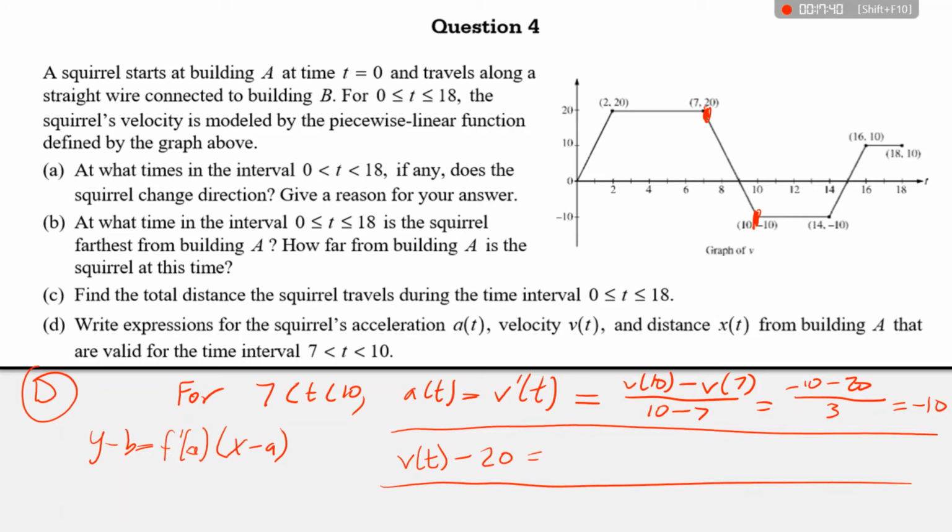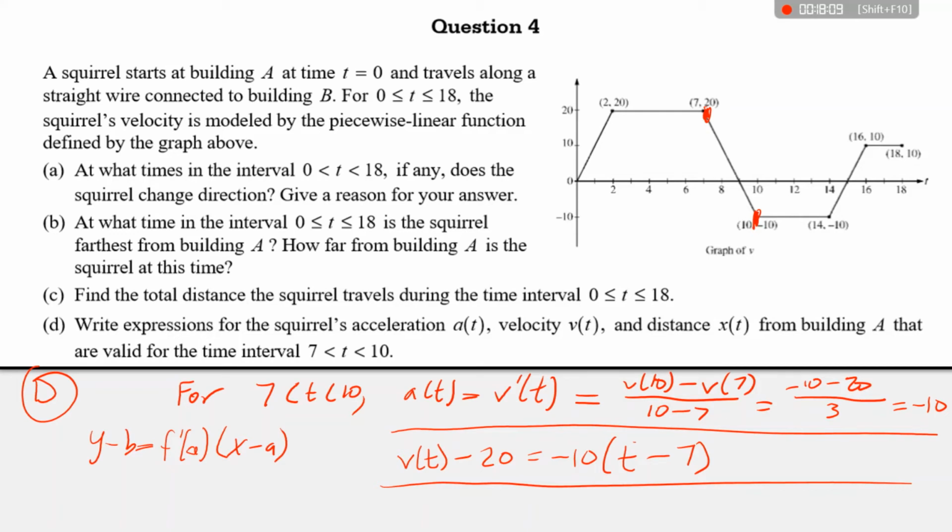Acceleration at t equals 7. Acceleration from t equals 7 to t equals 10, so for the whole interval. What's the acceleration? Minus 10. Minus 10 times your x value, x minus 7. Okay, and x is t, so this is t minus 7.